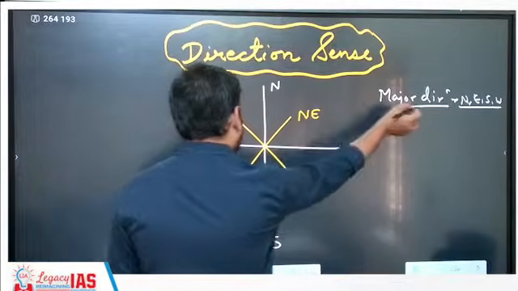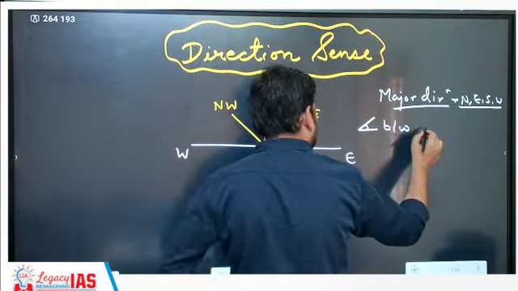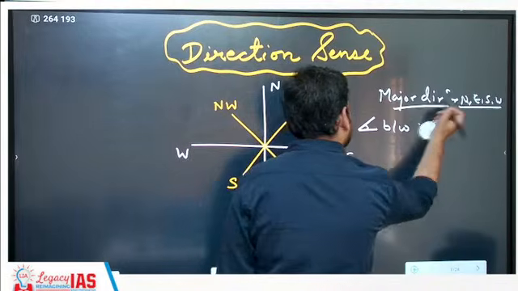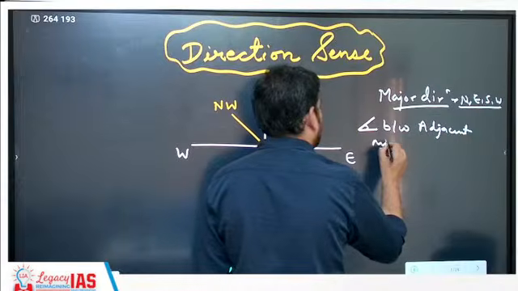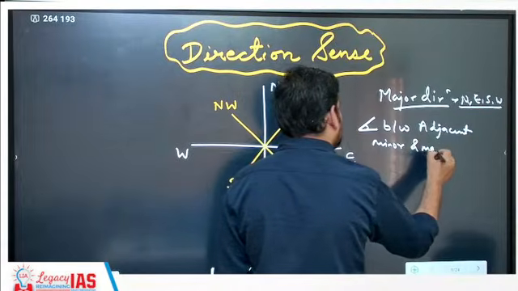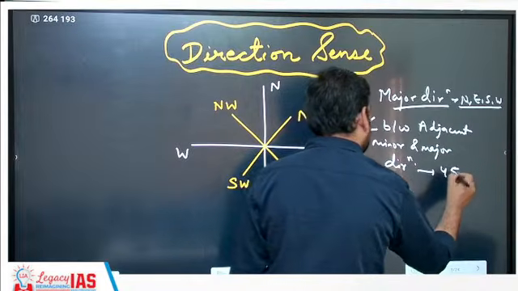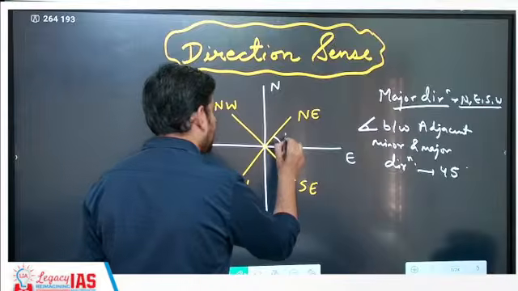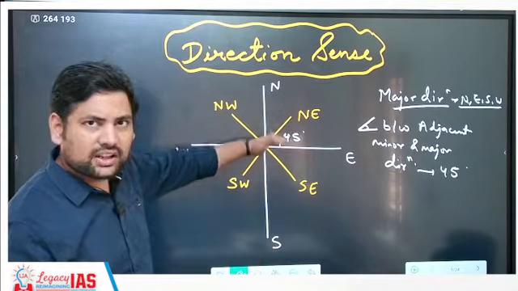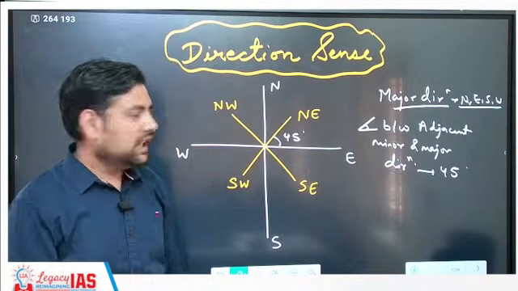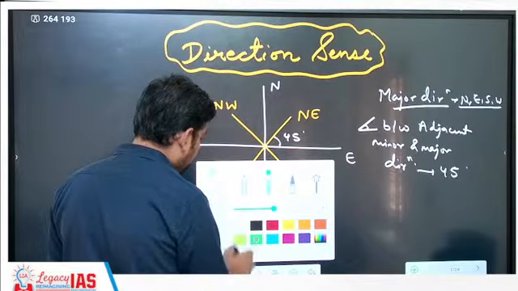Now, the angle between an adjacent minor and major direction is very clearly 45 degrees. I am talking about the angle between an adjacent minor and major direction.